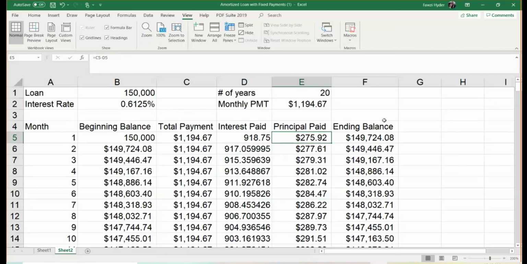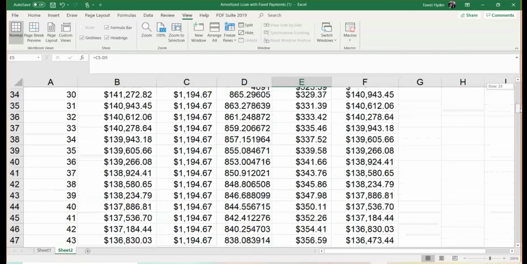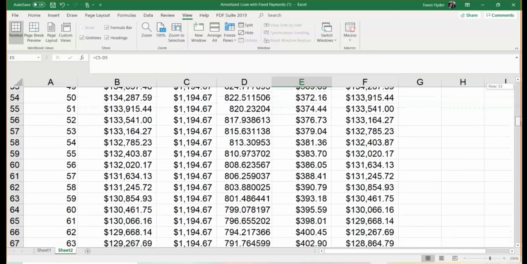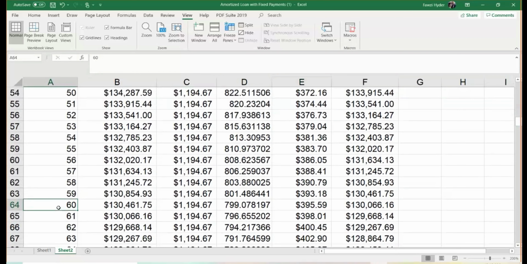So now let's say that you take this loan and let's say you get some bonus from your work and you want to settle your balance, let's say, after 5 years. So after 60 months. So let's go to the payment number 60. Once you make the payment number 60, your outstanding balance is $130,066.16.